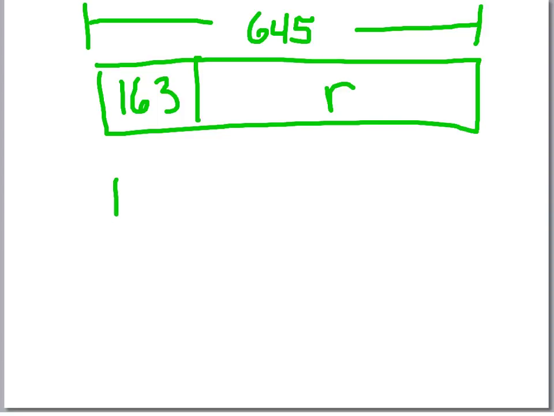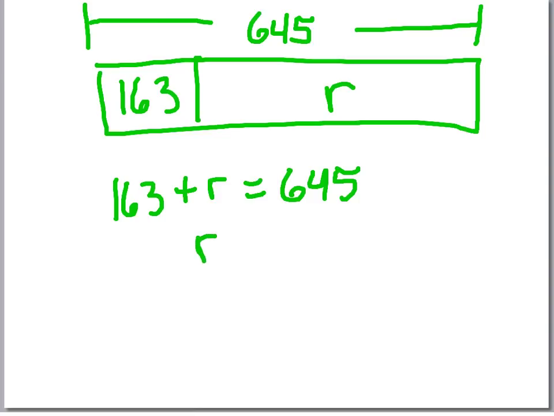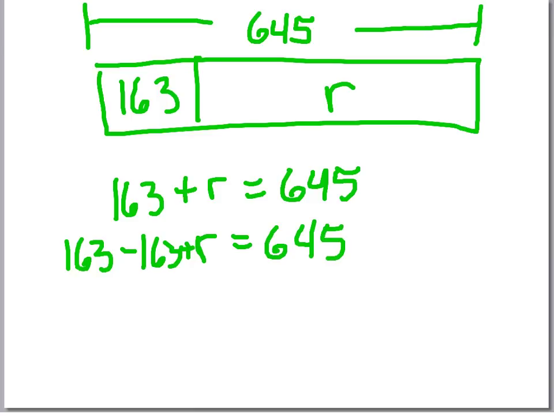We got 163 plus R equals 645. Get that R on its own over here on the left. We're going to have to do a 163 minus a 163 plus R equals 645 minus 163. Why did I do this over here?